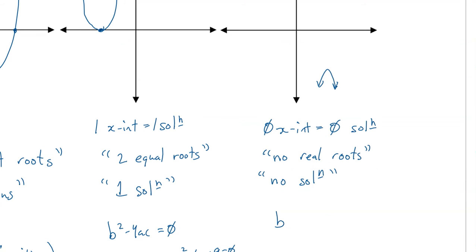And we already talked about this. This occurs when b squared minus 4ac is less than 0 or negative.